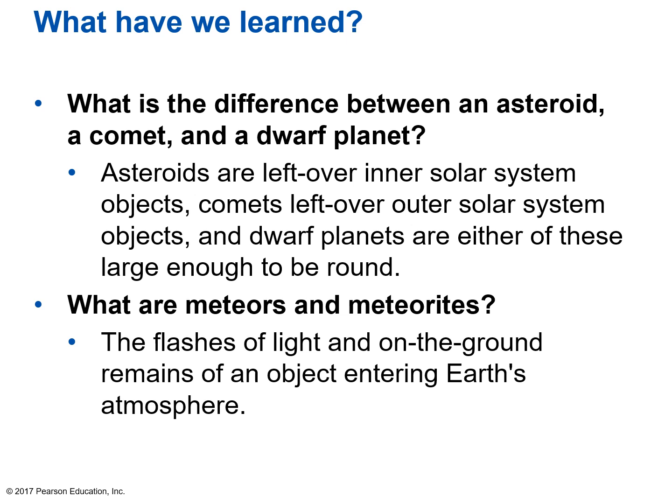And dwarf planets are either of these that are large enough to be round. Remember, meteors and meteorites, and the other word meteoroids, they start out when they're rocks in space, they are meteoroids. The flash of light as it streaks through Earth's atmosphere is a meteor, and the on-the-ground remains are a meteorite.